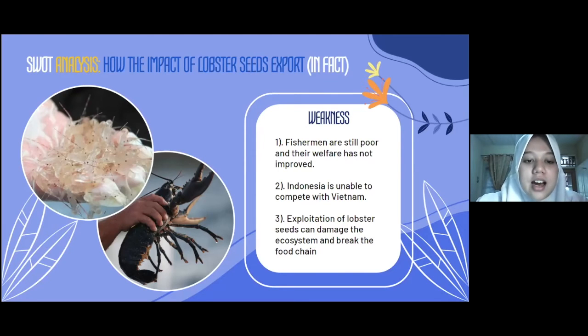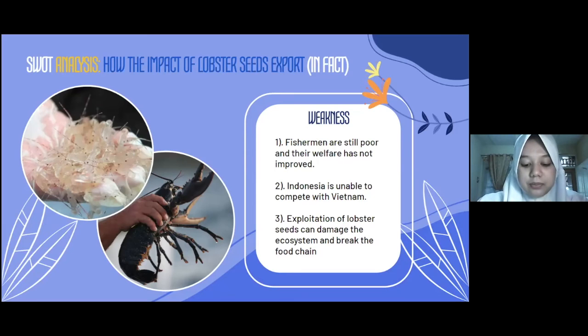And then the second is that this only benefits the export destination country of lobster seeds, which is Vietnam. As we know, Vietnam is the largest lobster exporter in the world, but the lobster seeds in Vietnam are obtained from Indonesia. So in fact, if Indonesia can cultivate lobster seeds and only export adult lobster, Indonesia will get a bigger profit than just selling the lobster seed.